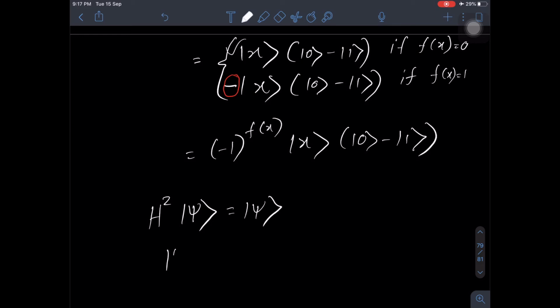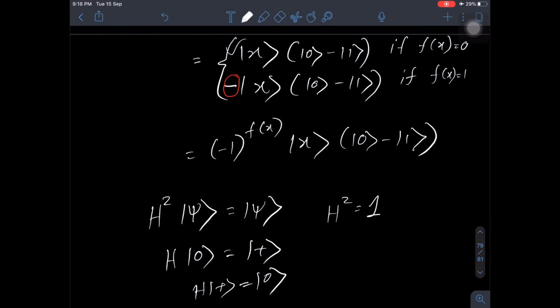For example, you act on 0 with h, you get plus, but you take h on plus again, then you get 0. And you can prove it for arbitrary states, because h squared is nothing but identity. You can check it by yourself because you know the Hadamard matrix, so you can check that h squared is nothing but identity.